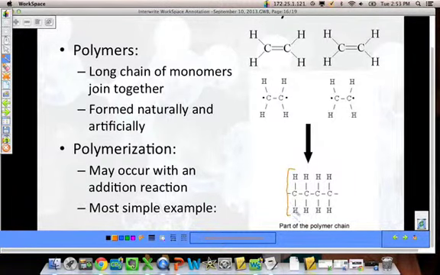We're going to put some brackets around here, slightly longer line on either side, with a subscript of n. So this repeating unit keeps going on for some amount of time, n, and then sometimes they'll even show you how they end this. Maybe there's just hydrogens on the end that ended up with a CH3, something like that. So sometimes we'll see that that's how they end.